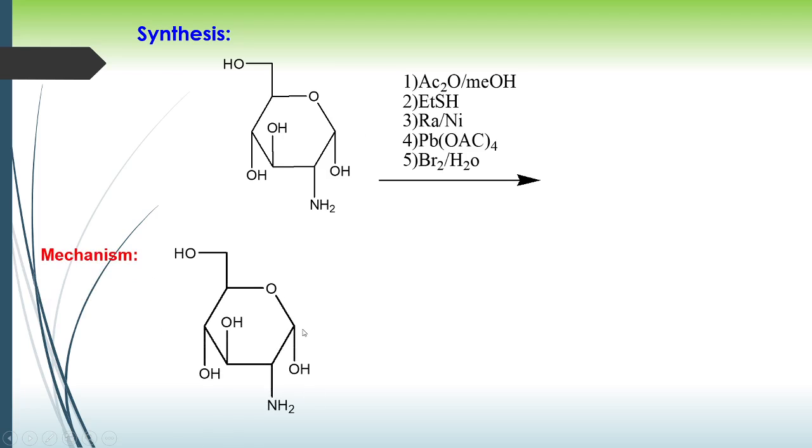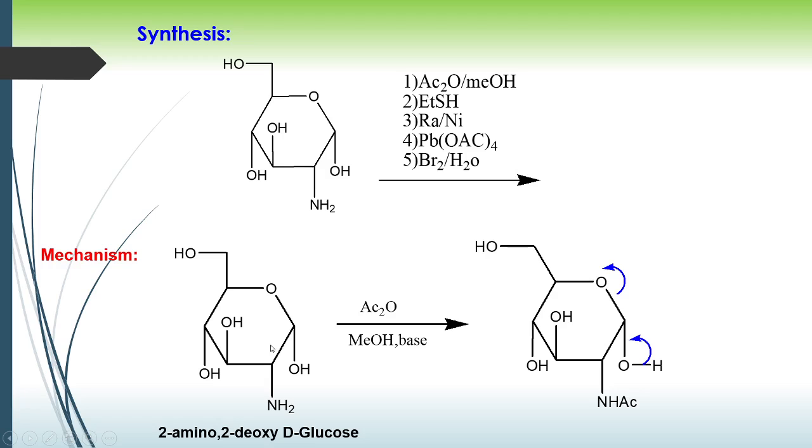First, the starting material 2-amino 2-deoxy-D-glucose. In the first step there is acetic anhydride in the presence of a base. Here this NH2 group has a lone pair on the nitrogen, and it can attack the Ac2O, meaning acetic anhydride. We know the structure of acetic anhydride: here there is a carbonyl group.